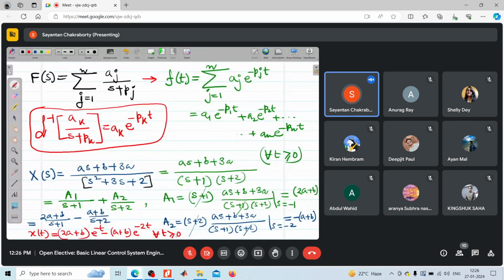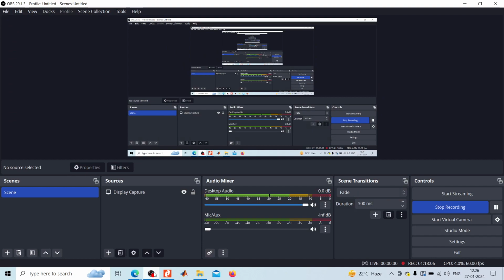Right, now what happens if we have a pole of multiplicity more than 1?